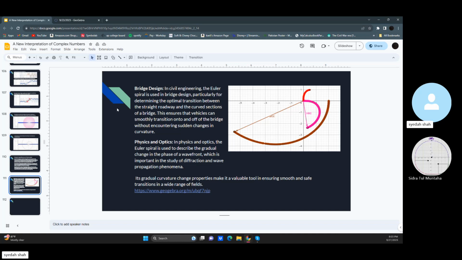Physics and optics. In physics and optics, the Euler spiral is used to describe the gradual change in the phase of a wavefront, which is important in the study of diffraction and wave propagation phenomena. Its gradual curvature changes make it a valuable tool in ensuring smooth and safe transitions in a wide range of fields.